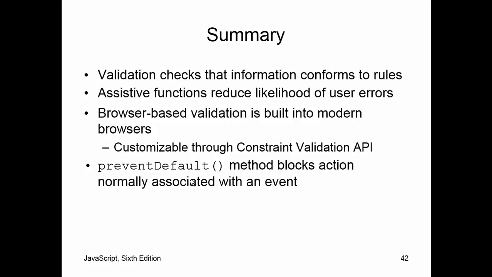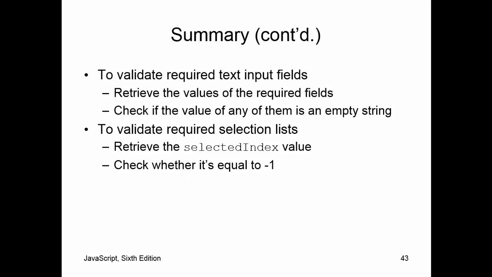Browser-based validation is built into modern browsers. We talked about some of the HTML5 stuff you can use. We mentioned preventDefault to block what's normally associated with an event. We talked about validation and requiring things, writing functions, using built-in functions, methods, and properties. Remember, -1 typically means nothing has been selected.